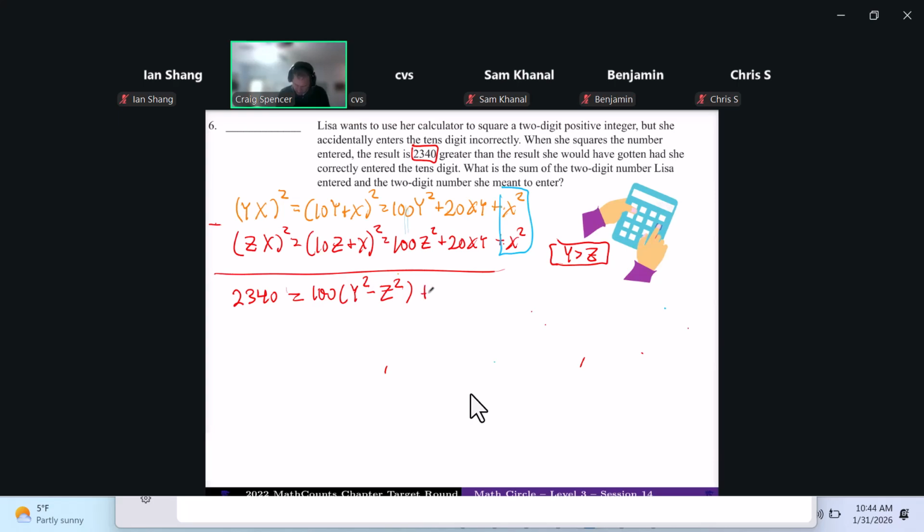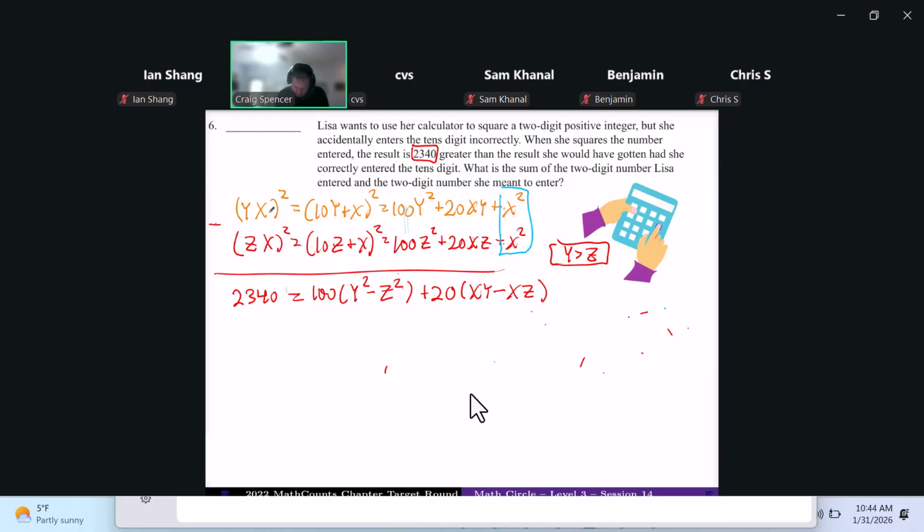I have 20 times xy, sorry, I have xy here. This should be xz here. So xy minus xz, and then the x squared minus x squared would cancel out.